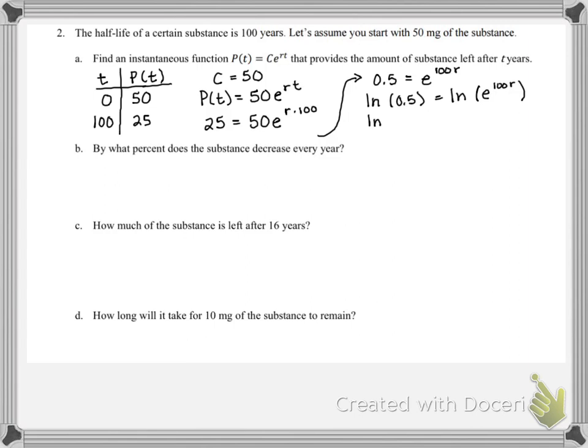And so the natural log of 0.5 is equal to 100r, because again, our base on the right side is e, so the natural log undoes it and just gives us that exponent. And so we have the natural log of 0.5 over 100 is r. And let's round that to 3 decimal places.